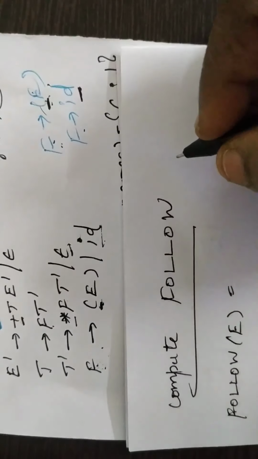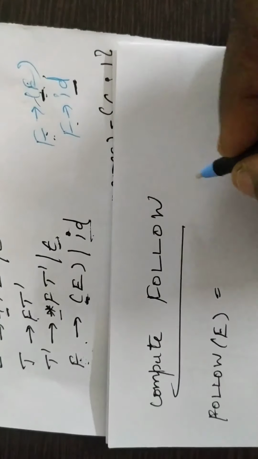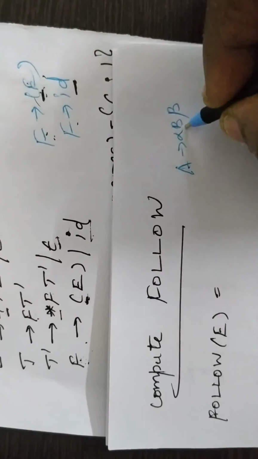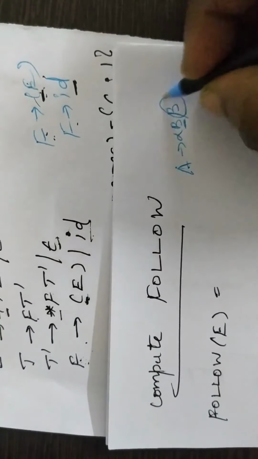So according to the rule, if A tends to alpha B beta, then follow of B is first of beta.